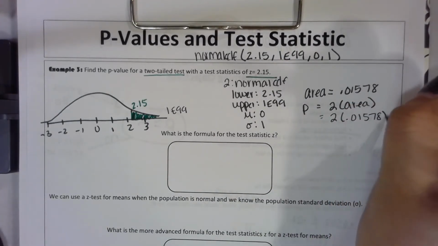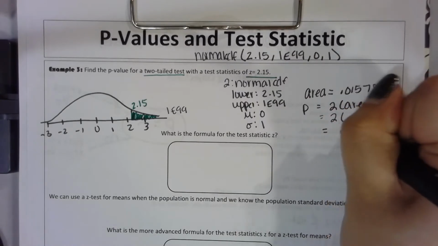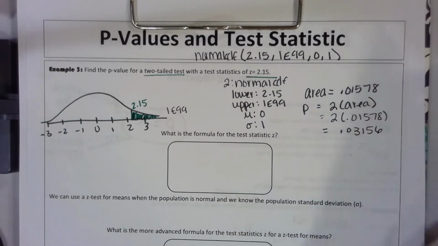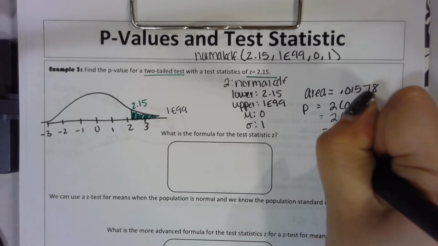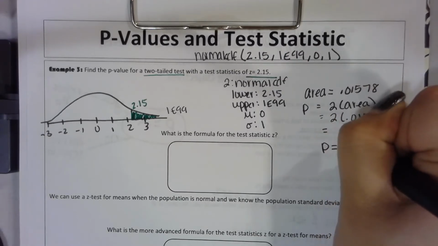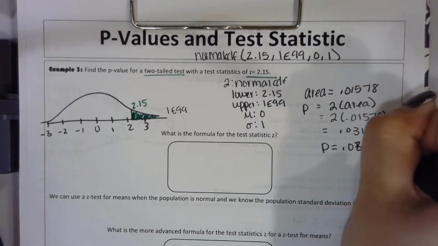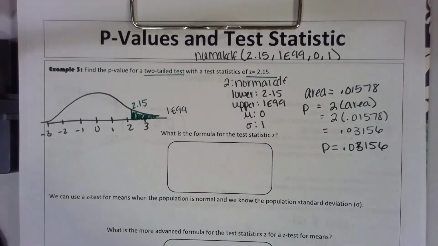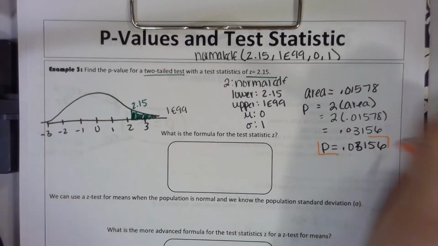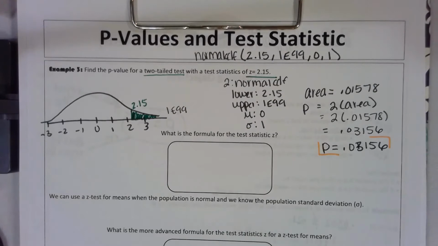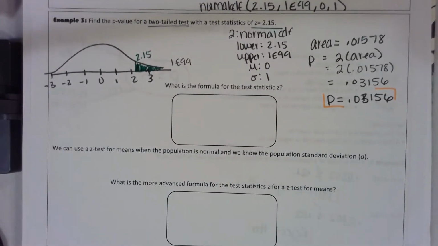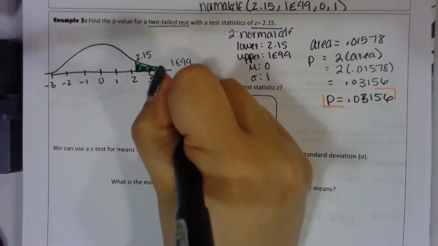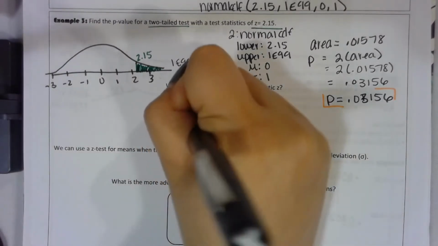So you can use z-tests for means when the population is normal and we know the population standard deviation, sigma. So if you have a normal population, then you can use your z-test for the means that are given, and you need to be given your population standard deviation, so sigma.